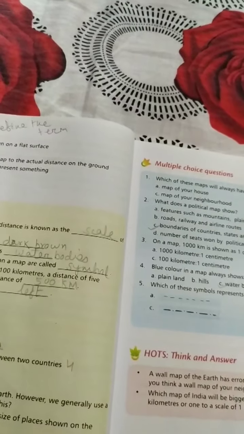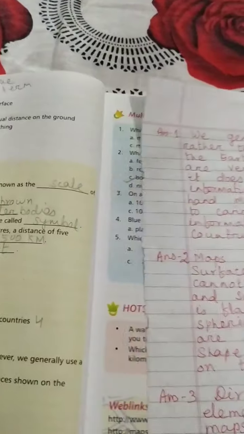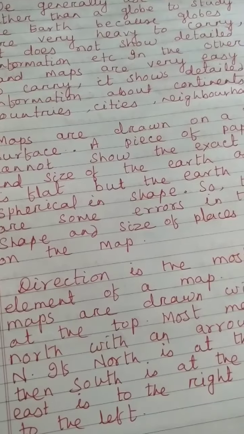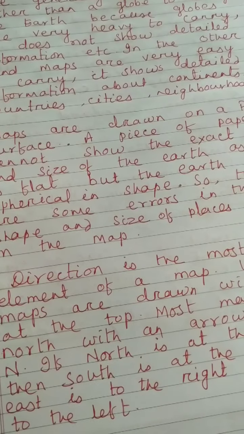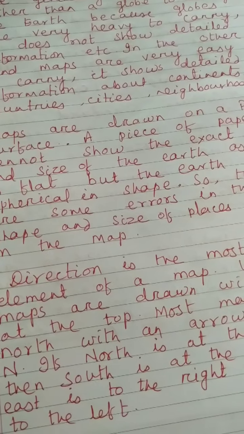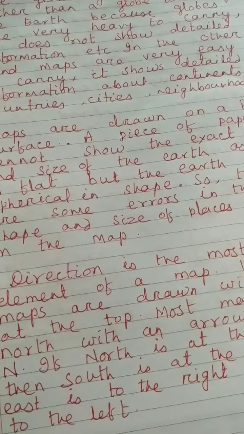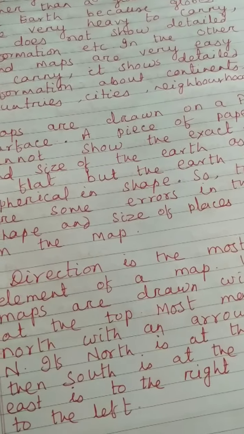Now I am going to discuss answer the following questions. You will see. Number 1 question: A globe is the most accurate way to represent the earth. However, we generally use a map rather than a globe to study the earth. Why is this?